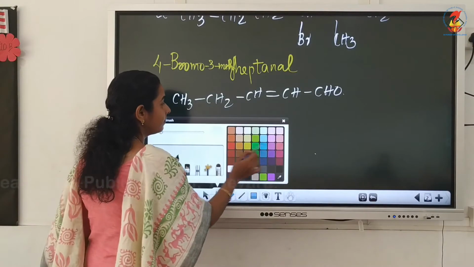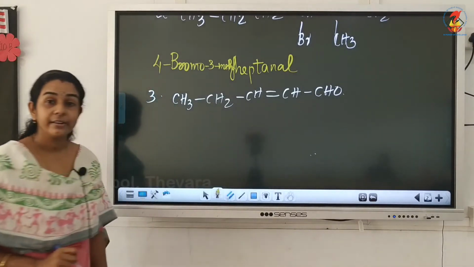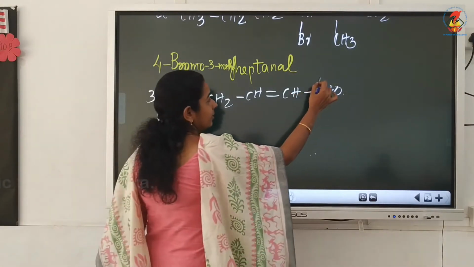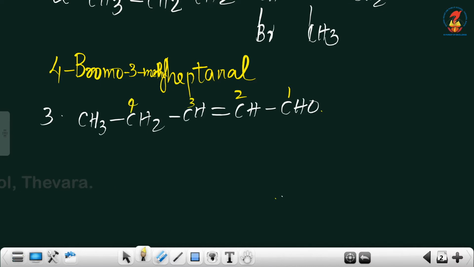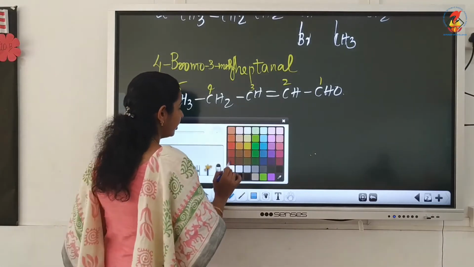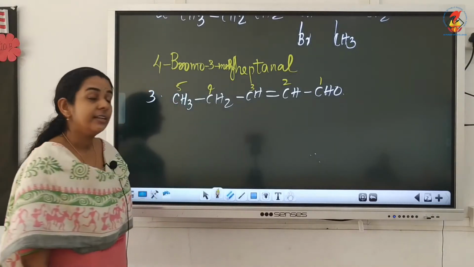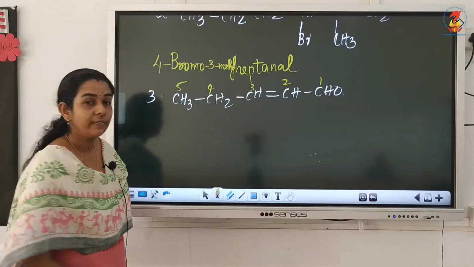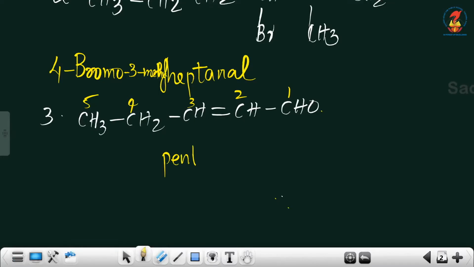So how should we name this? From right to left, 1, 2, 3, 4, 5. So from this number we can write the word root. What is the word root corresponding to 5? It is pent. Now write the primary suffix: ane, ene or yne.